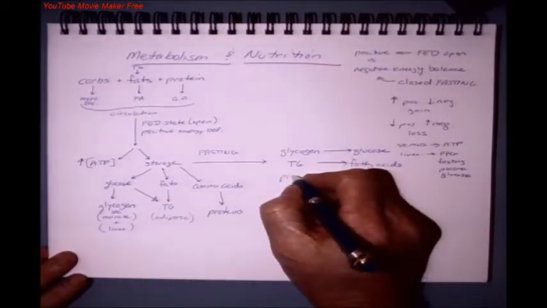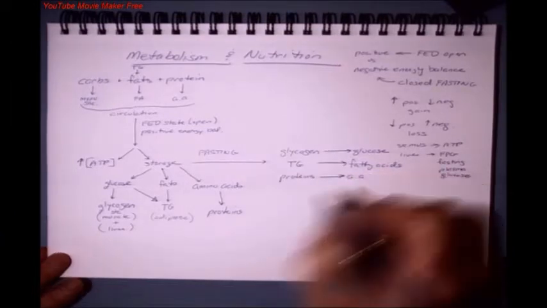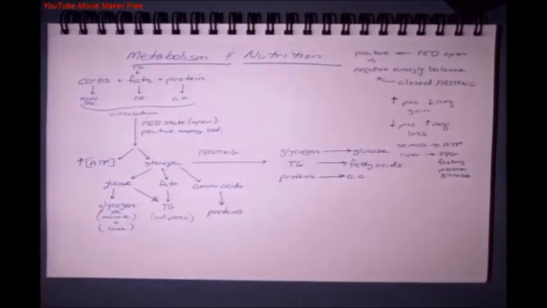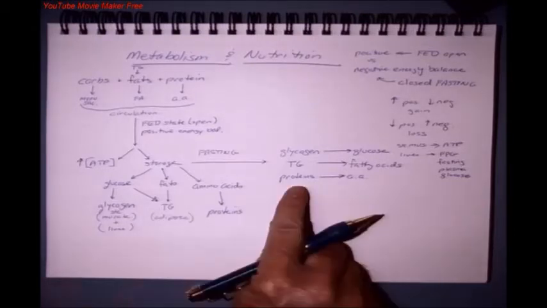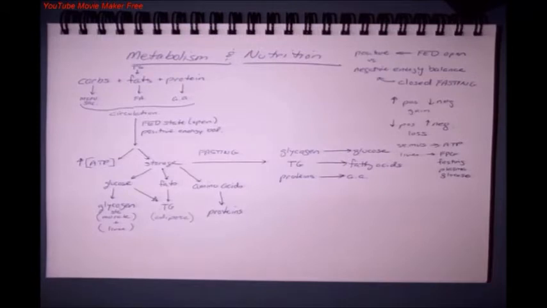Now, what about proteins? Using these as amino acids is something we typically don't want to do because when you're breaking down proteins, you're breaking down muscle. They can be used for energy. It's a horrible example to bring up, but think about the concentration camps back in the 1940s.